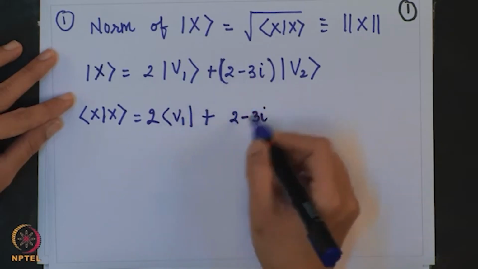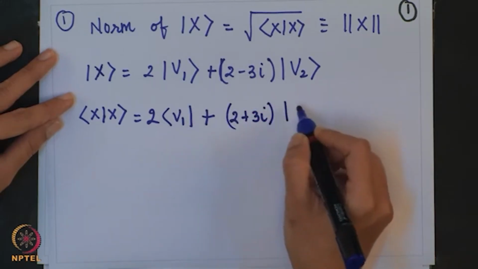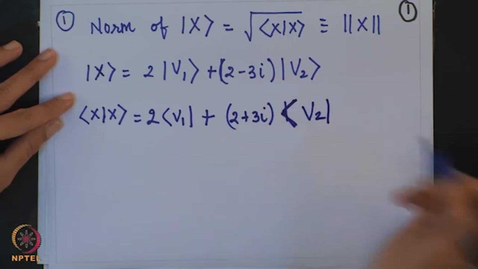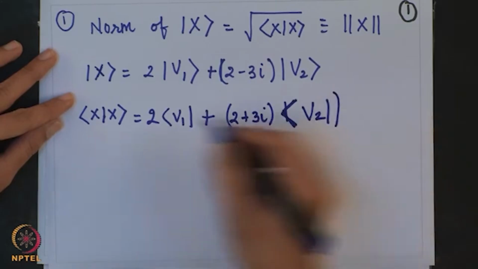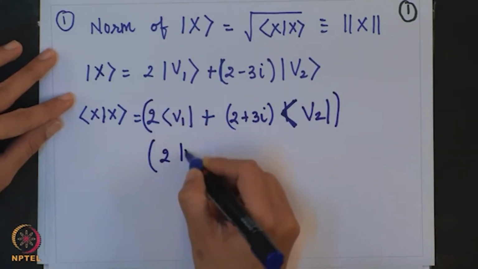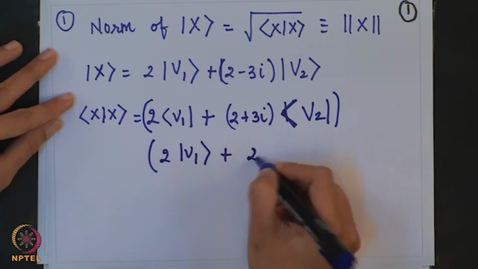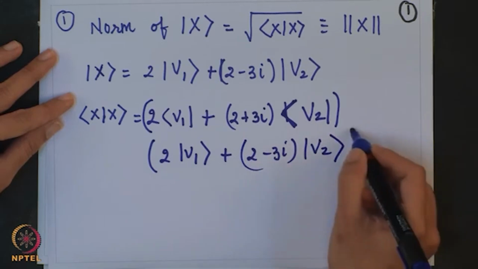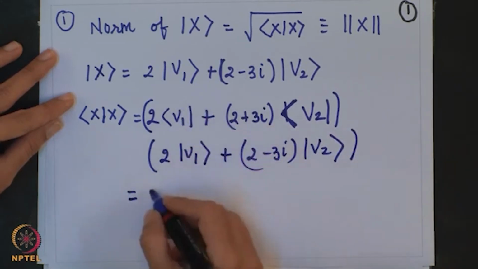So 2 minus 3i will become 2 plus 3i times the bra of v2. This is the first term, and the second term would be 2v1 plus (2 minus 3i) v2.